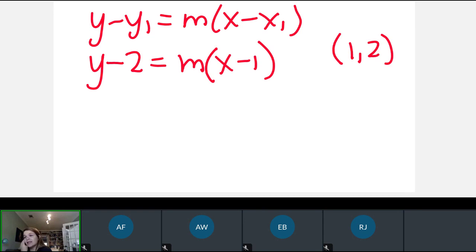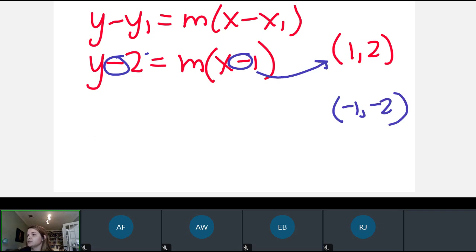So as you can see, if I have a minus sign, that means my x value is actually positive, or my y value is positive. Since I have a minus sign here, it's a positive 1. That's my x value. So let's say I had -1 and -2.